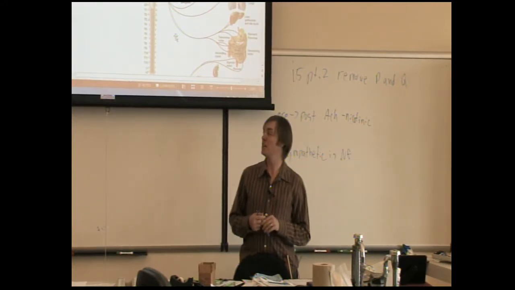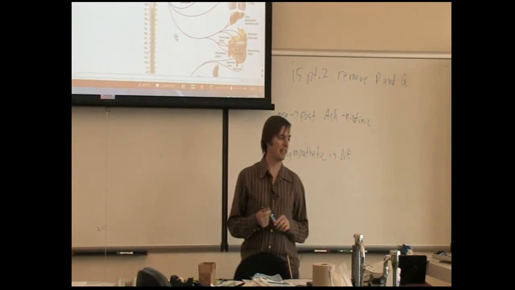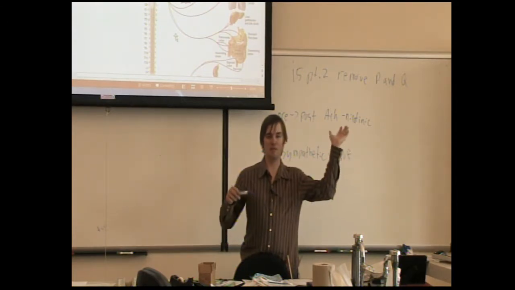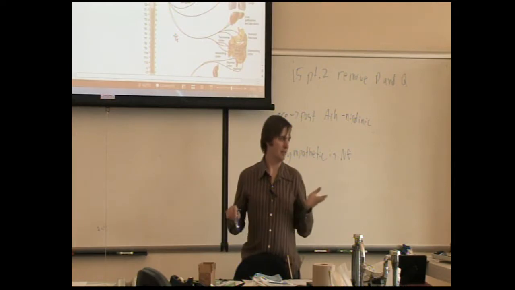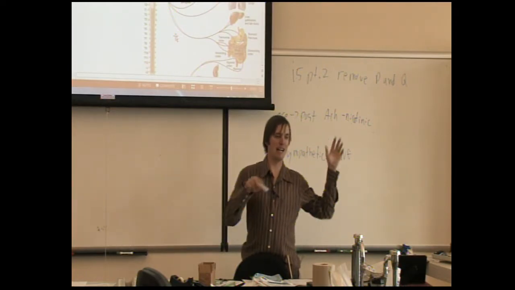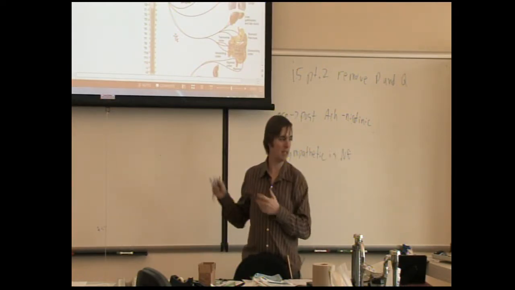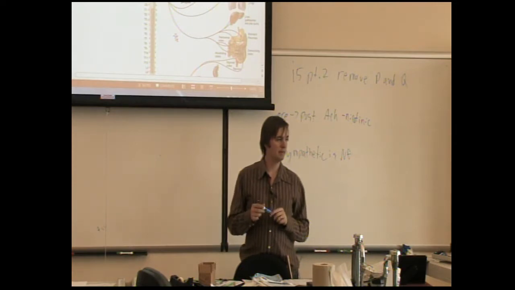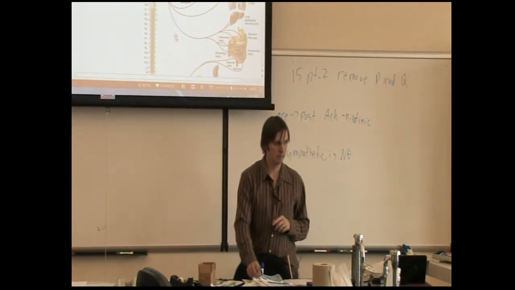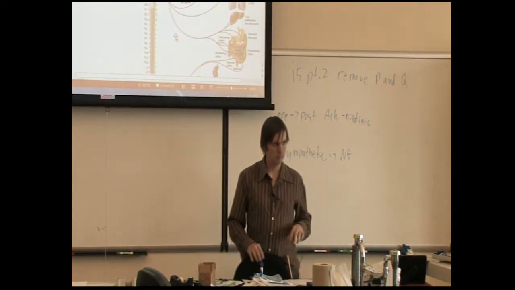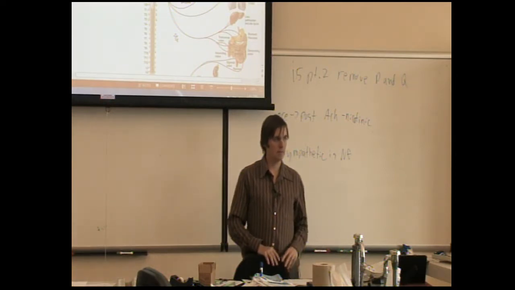As long as I know that you know where the preganglionic neuron starts and ends, you could put it in separate sentences. You could say the signal goes from here to here, and the preganglionic neuron is from here to here, and the post is from here to here. That'd be fine.